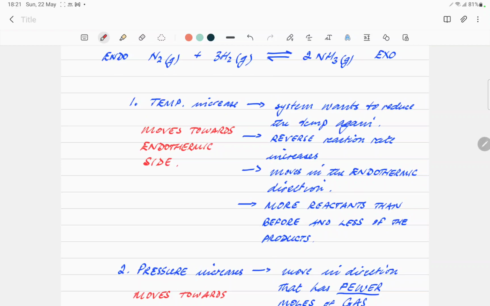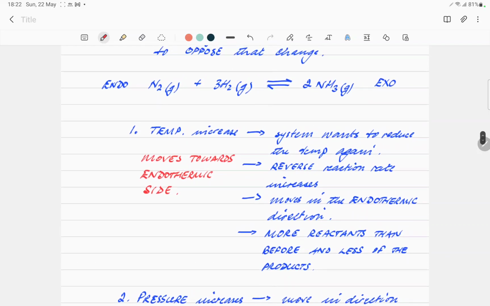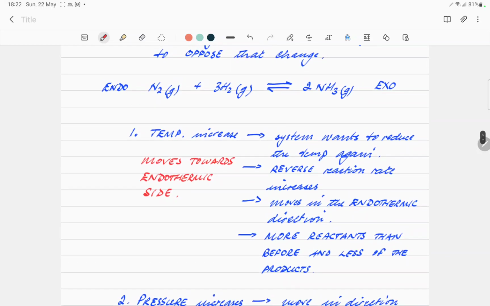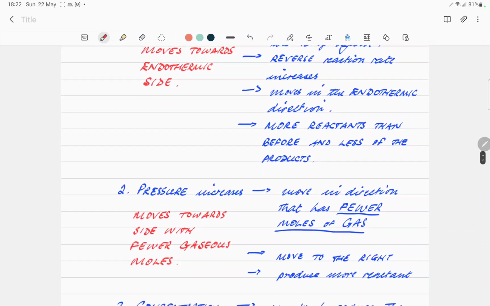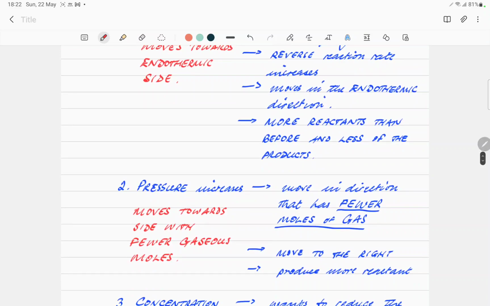So if you were to increase the temperature, it moves to the endothermic side. If you were to reduce the temperature, it would move towards the exothermic side. And depending on which way the endo-exo is, that will determine whether you produce more of the products or you reduce the amount of products produced. With pressure, it's straightforward.